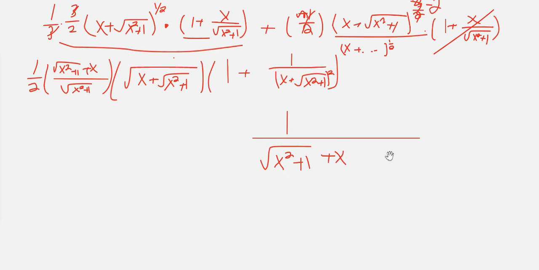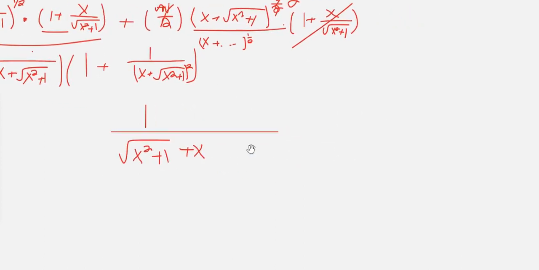What we can do is take the conjugate, and basically all that means is that we're going to multiply the top and bottom by the square root of x squared plus 1 minus x.